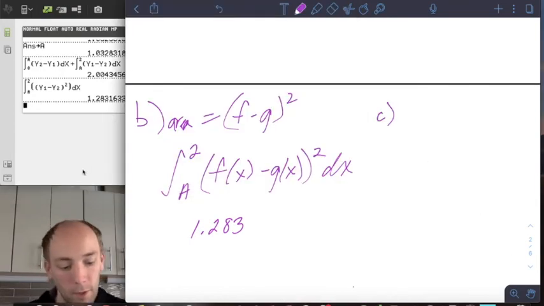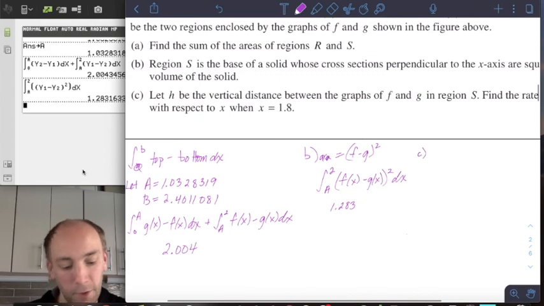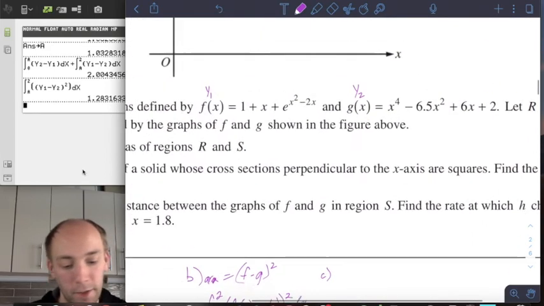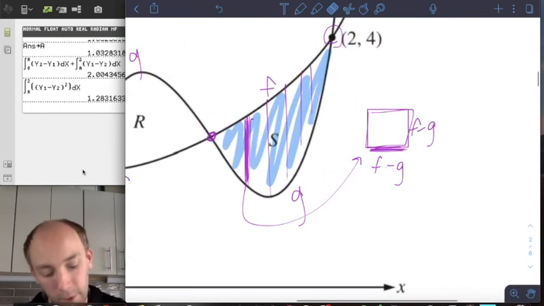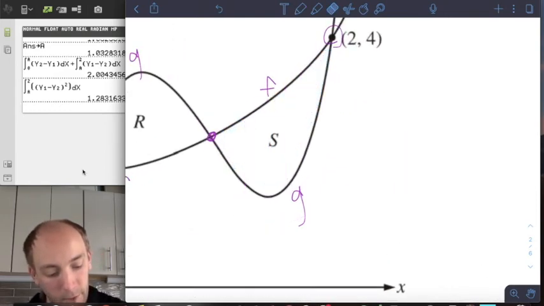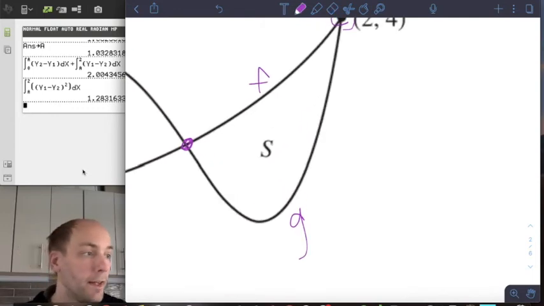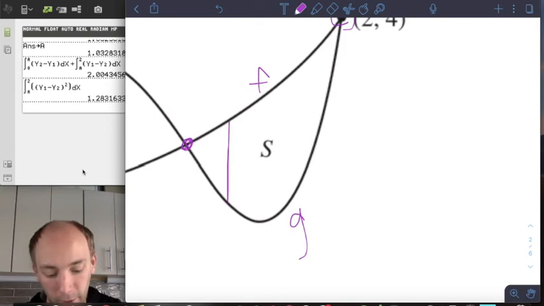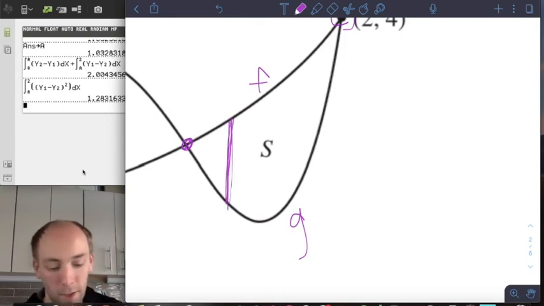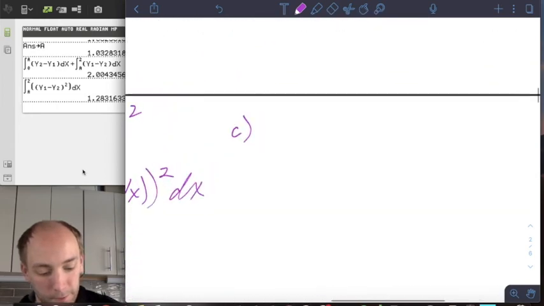Okay. For part C, let h be the vertical distance between the graphs of f and g in region S. So let's erase some of this scratch work from before. The area, or h, is the vertical distance between the graphs of f and g. So that segment there represents h. So h equals f of x minus g of x.